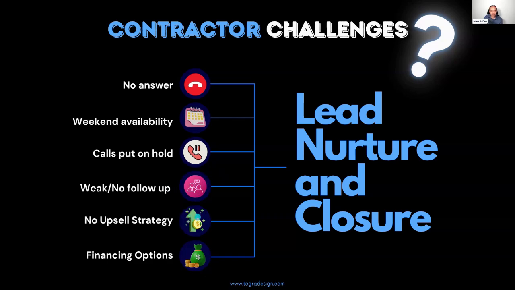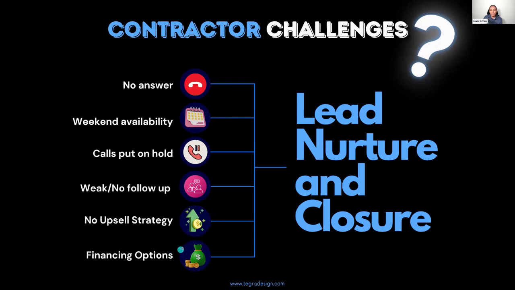You've got to have an upsell strategy, obviously. We see this with our roofing contractors a lot, where they go into a repair job and then they sell a full roof replacement. Similar strategy for remodeling companies, whether you're doing exterior remodeling or interior. You've got to have an upsell strategy in place.